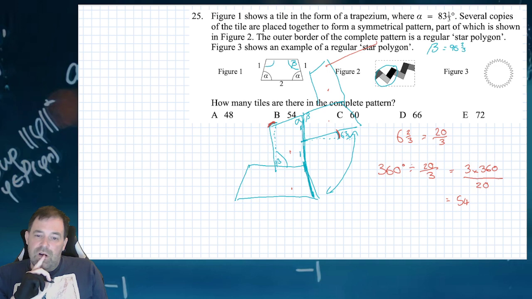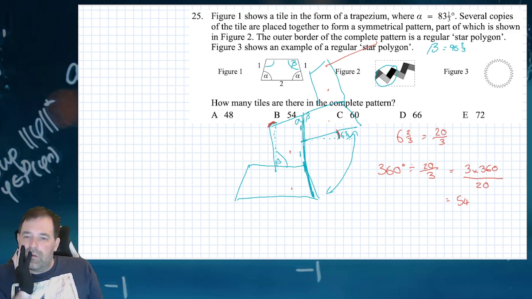What have I done wrong? I think it should be 108.